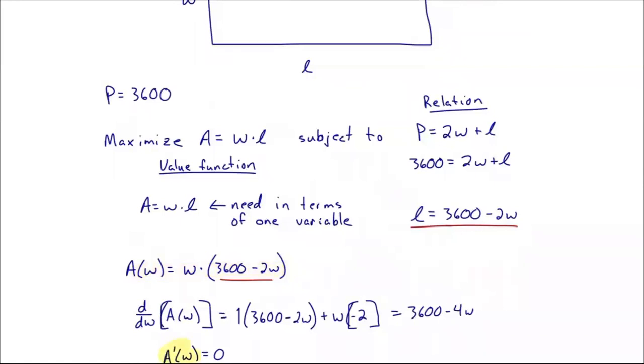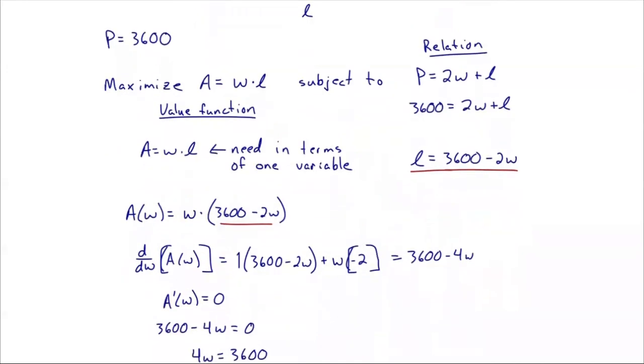That's just notational, really. And then on the right, it looks like I actually, interestingly, just use the product rule. So the derivative of W is 1 times this function, and then plus W times the derivative of this function. Well, the derivative of the inner function there is -2.